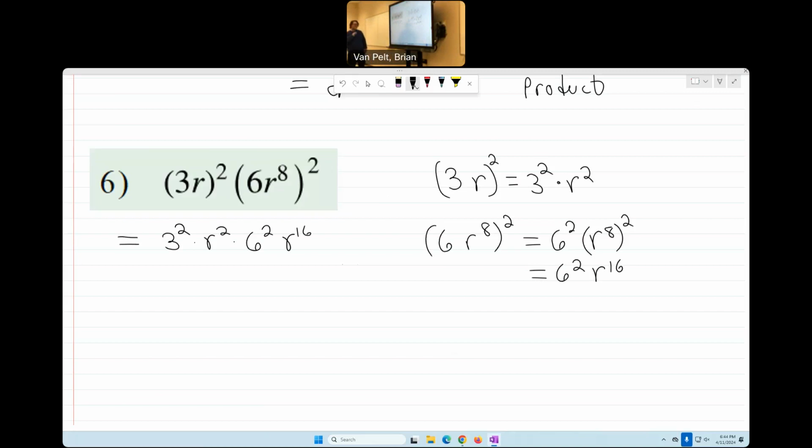So I'll combine the r's and I'll put the numbers together. What's 3 squared? 9. 9 times 36, which is 324, right. That's r squared times r to the 16th, which is r to the 18th. How much exponent is on the r? 2 plus 16 is 18.